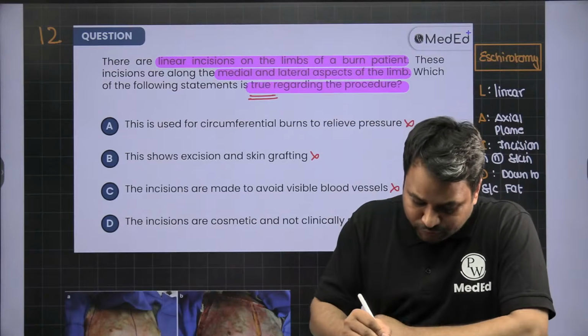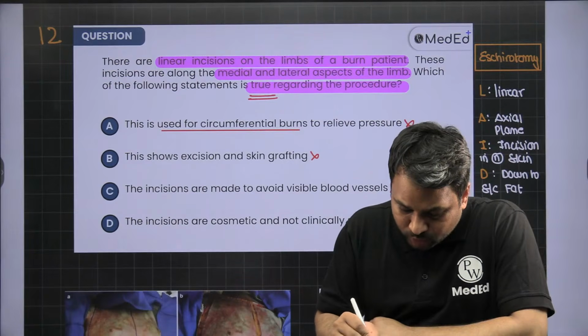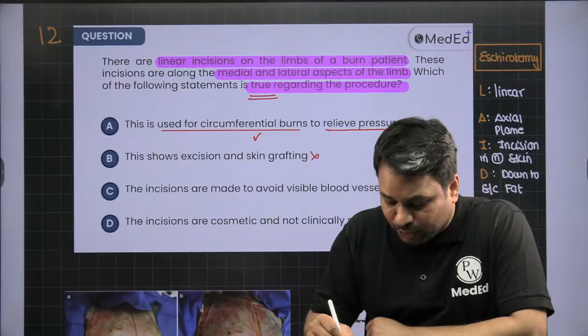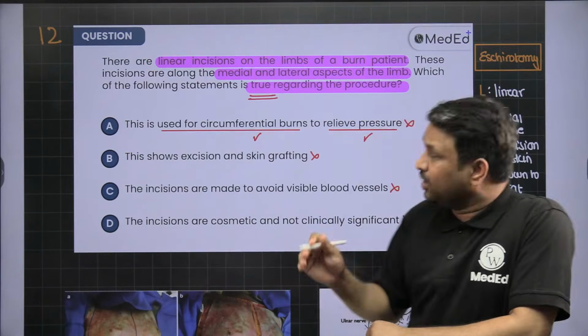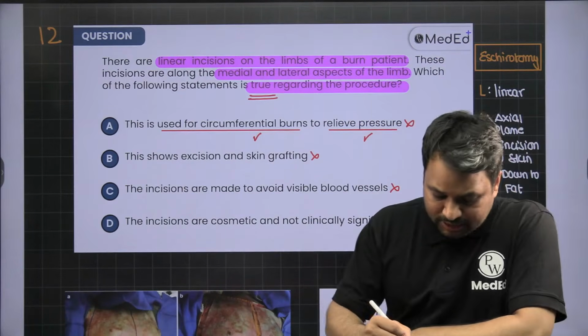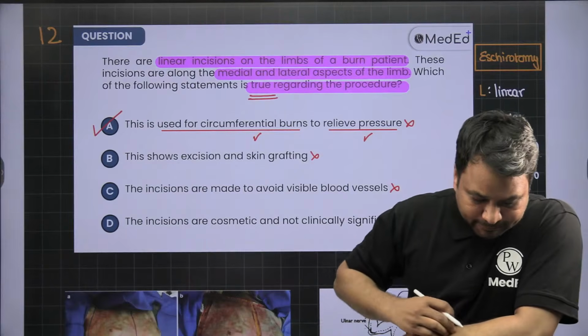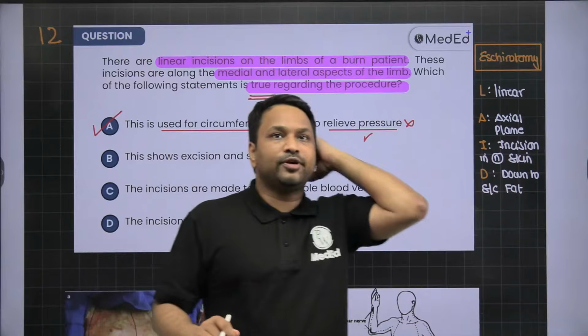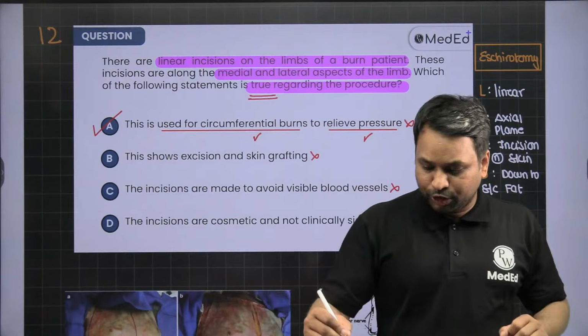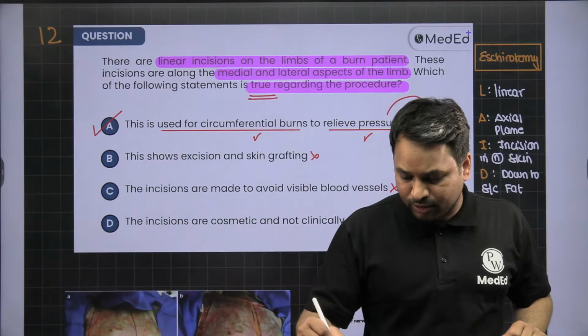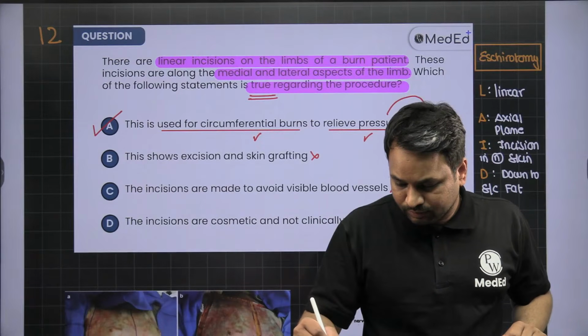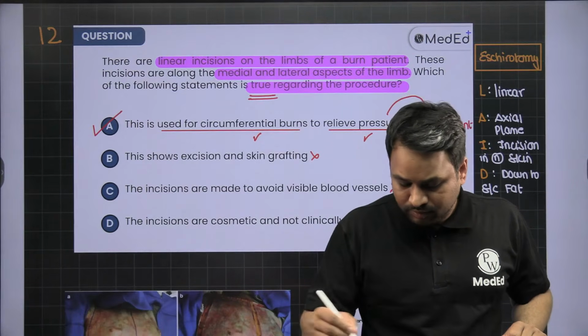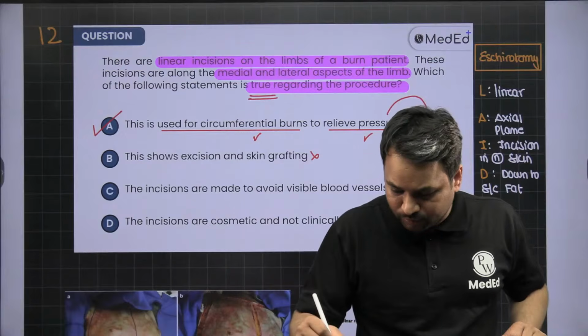But when you say this is used for circumferential burns to relieve pressure secondary to compartment syndrome, that can be the right option. So among all four options, 12A is correct. It is to prevent compartment syndrome.